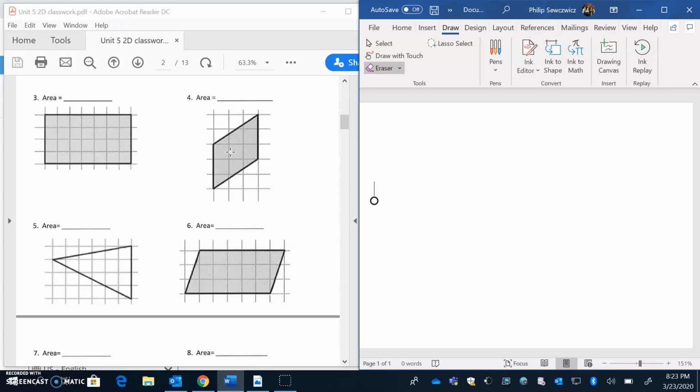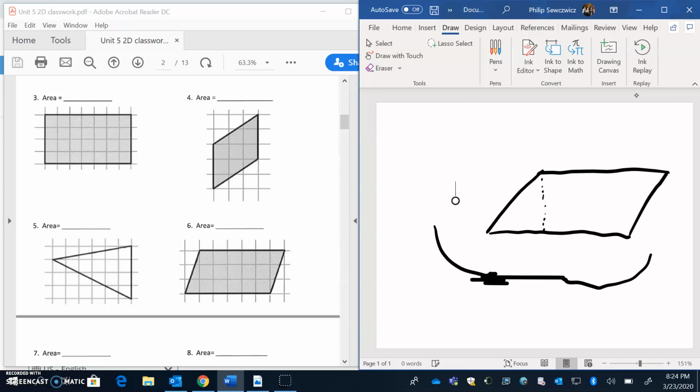So what we can really do is simply cut and move. So we've got something that looks like this. If we go ahead and cut this triangle off, and then we slide it right over there, we're going to get that rectangle that we've got.